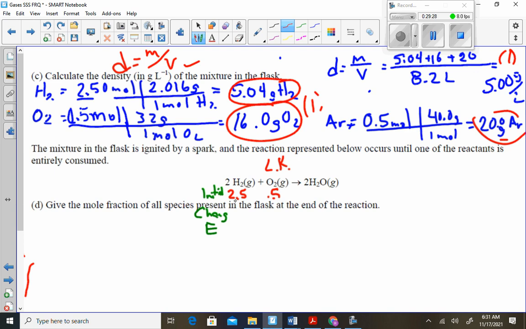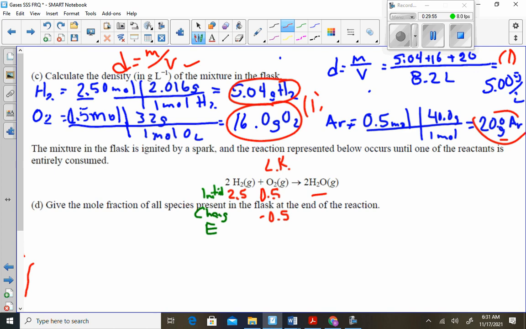So initially we have 2.5 moles of our hydrogen, we have half a mole of oxygen, and we have 0 water. Now the change is we're going to use up our reactants. And so we're going to use up 0.5 moles of our oxygen. All of that will be gone because that's our limiting reactant.